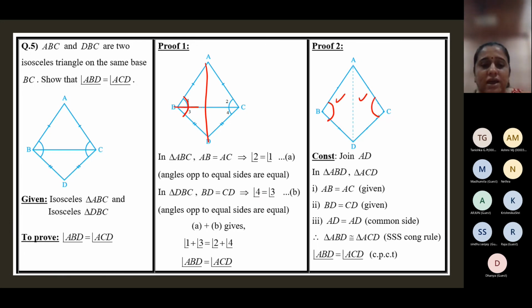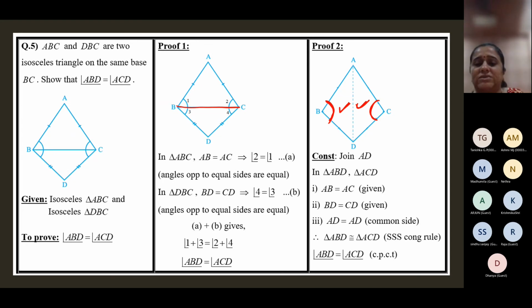So remove that line segment BC and take the triangle like this. We have to prove that this angle is equal to this angle. So we're just removing this line segment BC and we join AD. That's a construction. Now you can show that these two triangles are congruent to each other.